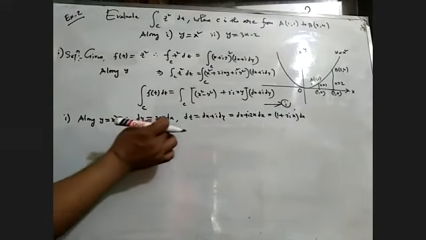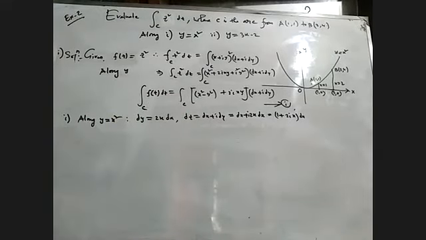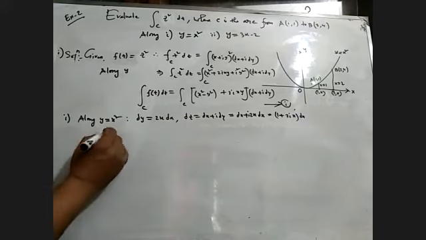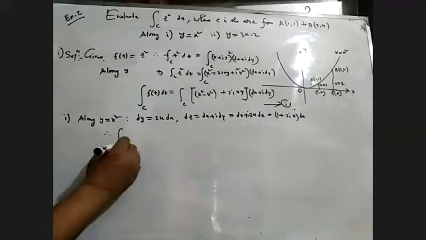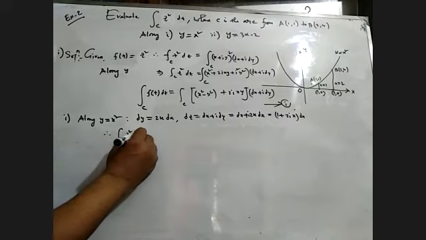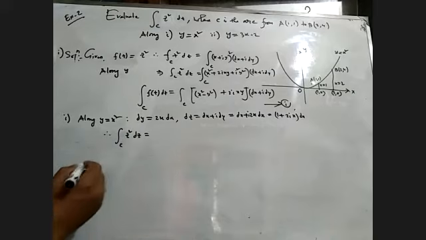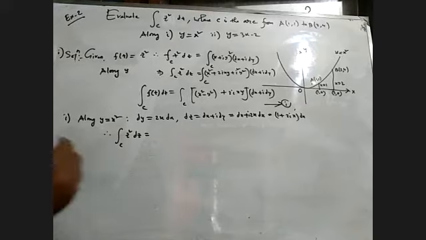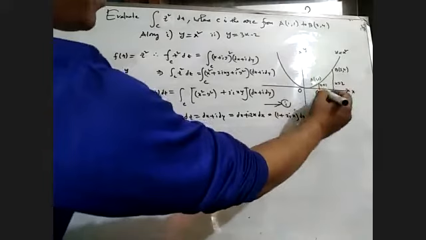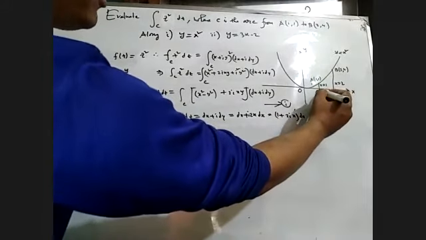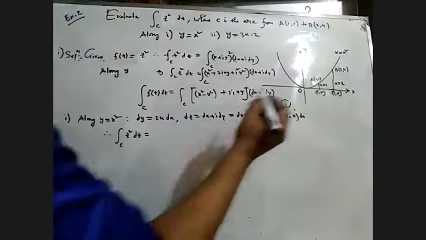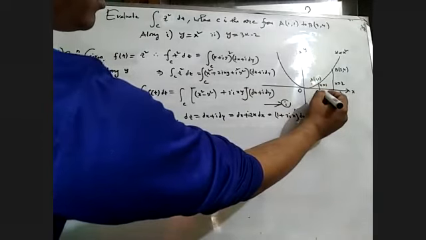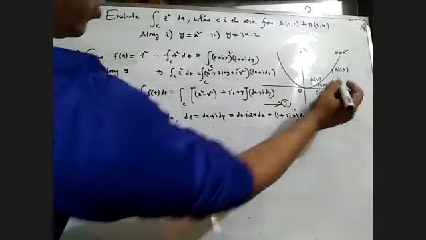Along this curve, the changed value of dz, this. So the contour integration of z square dz will be what? Along the curve y equals to x square, from A to B, x value changes from 1 to 2.